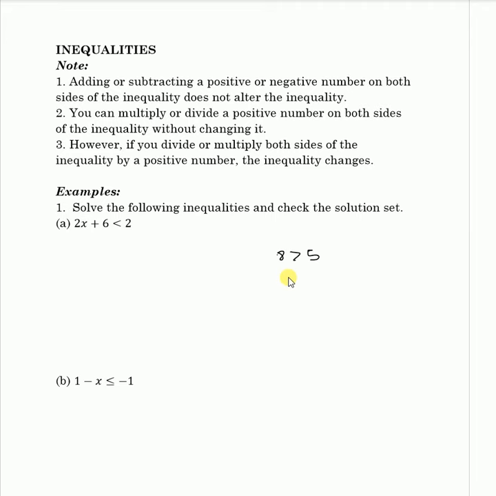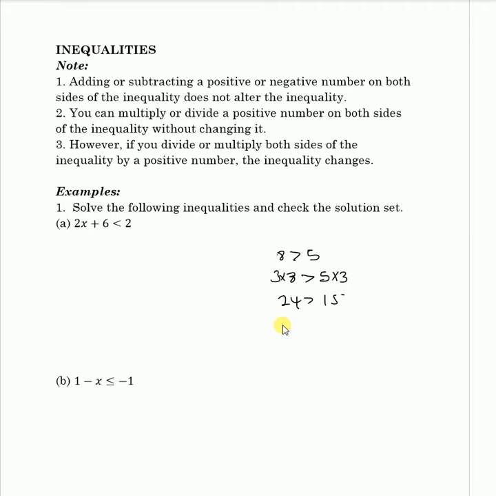Let us try to multiply through by 3. 3 times 8 is greater than 5 times 3. That is multiplying 3 on both sides. 24 is greater than 15. It is holding. So multiplying by a positive will make the thing still to hold.